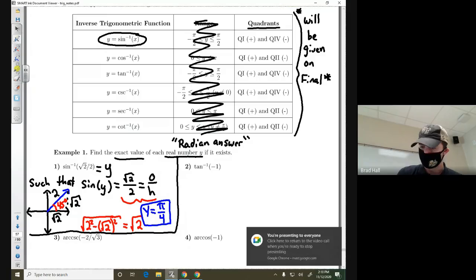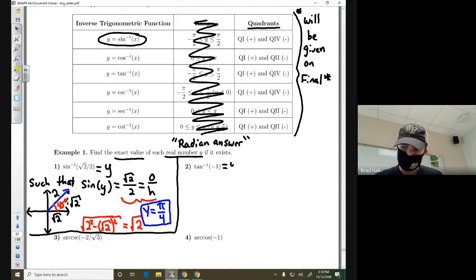So with part 2, we have tan inverse of -1. If we suppose that this equals y, then what we're looking for is the angle y such that if we undo the inverse, we would have tan of y is equal to -1. That's why the symbolism of y is important.